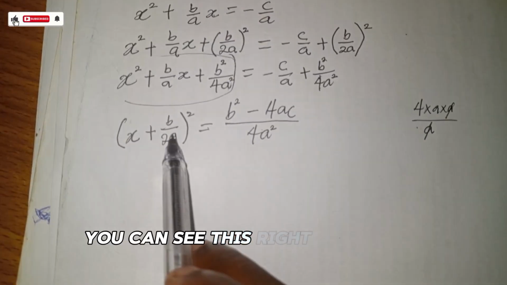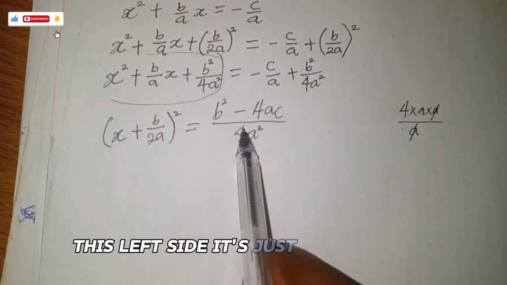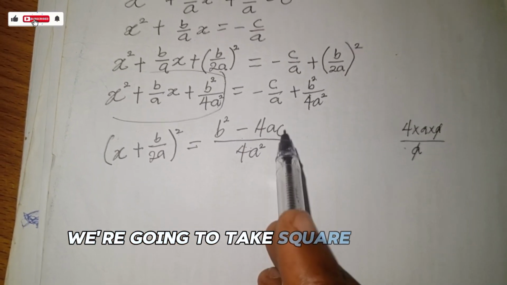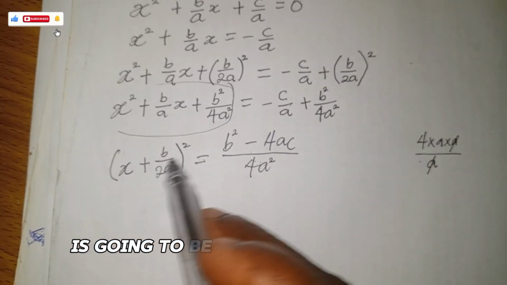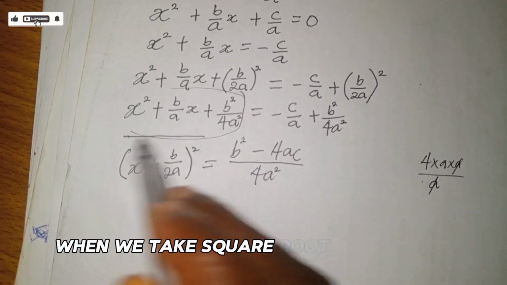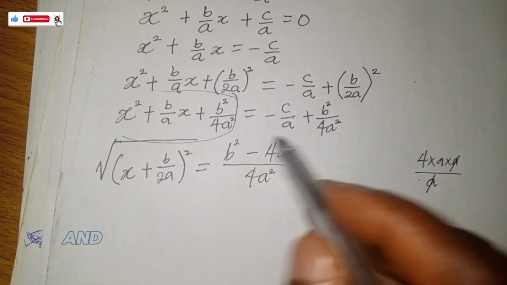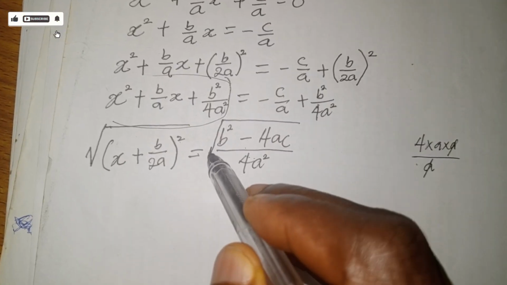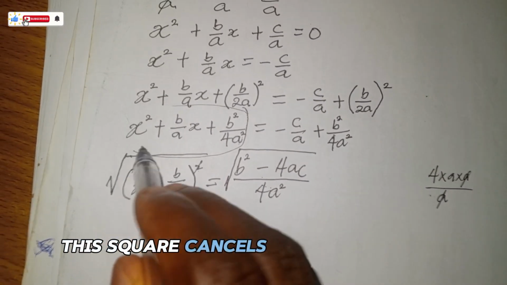You can see this right side has a square, and this left side is just a fraction. To get rid of this square, we take the square root of both sides. Please take note of this. When we take the square root of this side and of this side as well, this square cancels this square root.